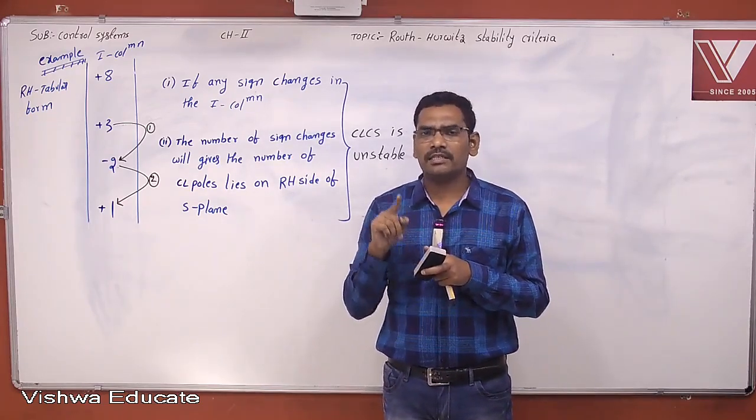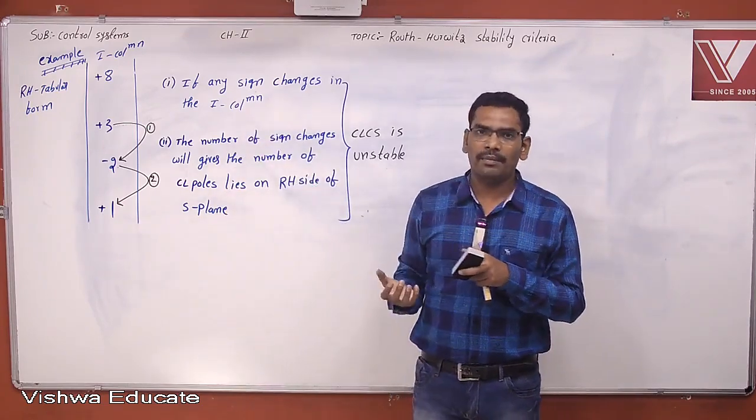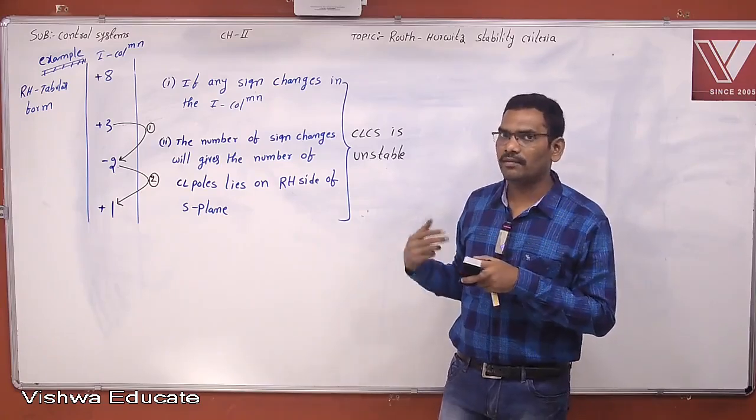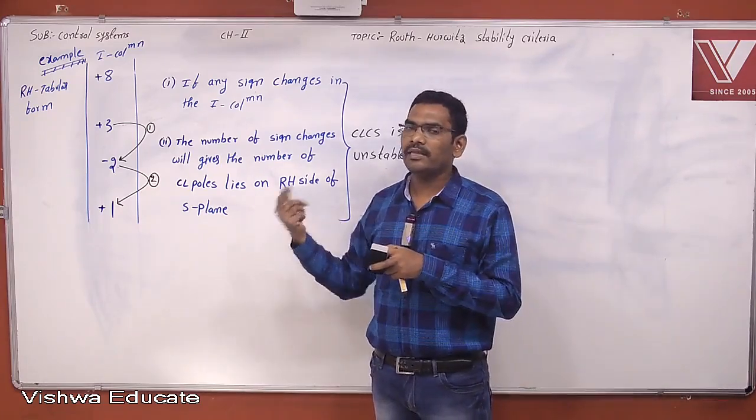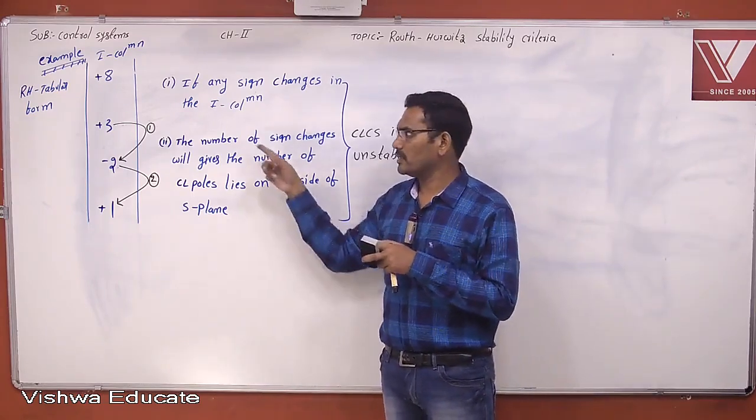Condition 2 means the first column quotient should not be 0, but if any quotient in the first column is 0, what happens, sir? We will see. While solving the problems, we have that particular situation. There we will see how to rectify that and what problem we are facing. That also we'll see. Okay, first you take this one.